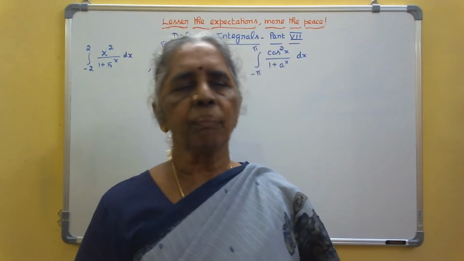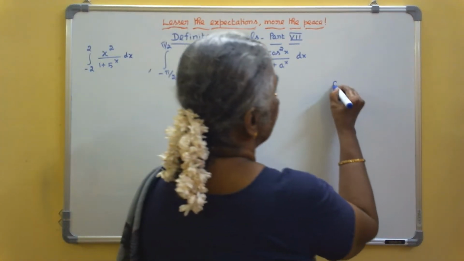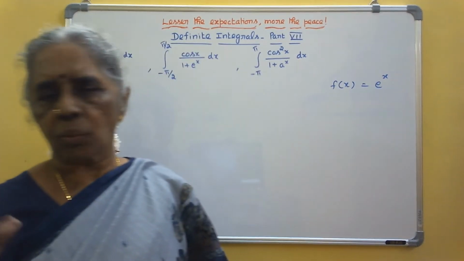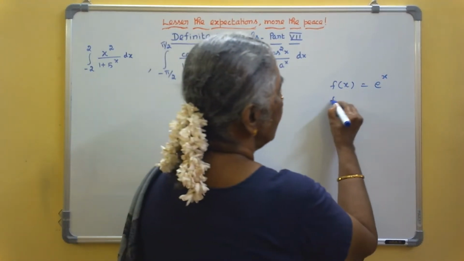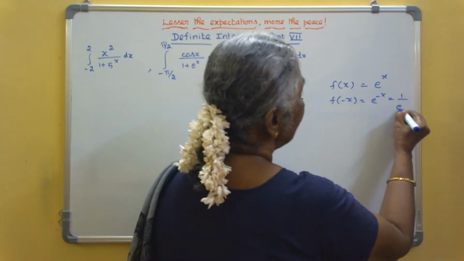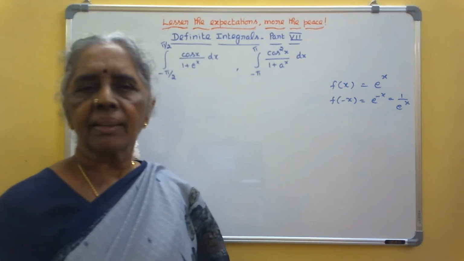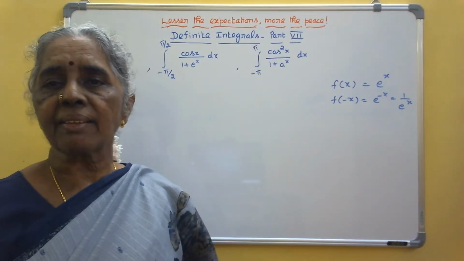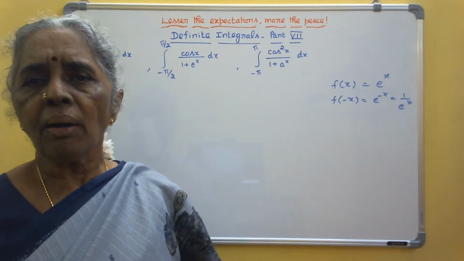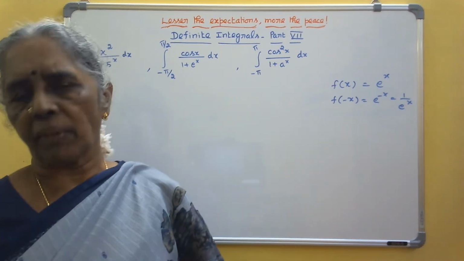If you consider your f of x as e power x, it may be e power x, a power x, whatever it is. Now, if you find f of minus x, that will be e power minus x, which is 1 by e power x. So, f of minus x is neither equal to f of x nor equal to minus of f of x.